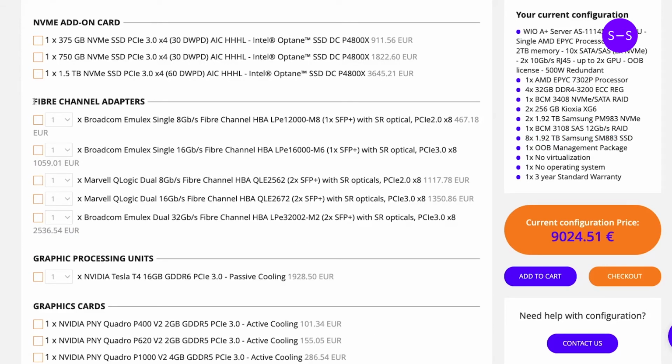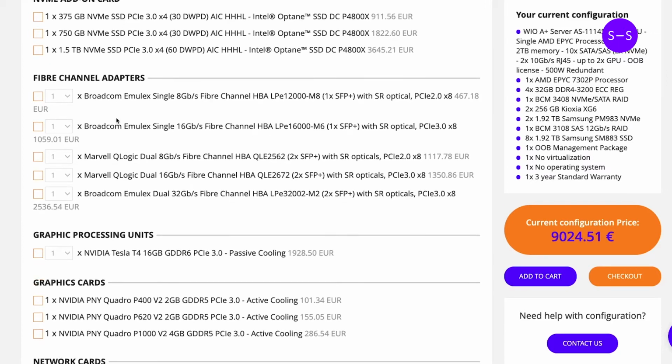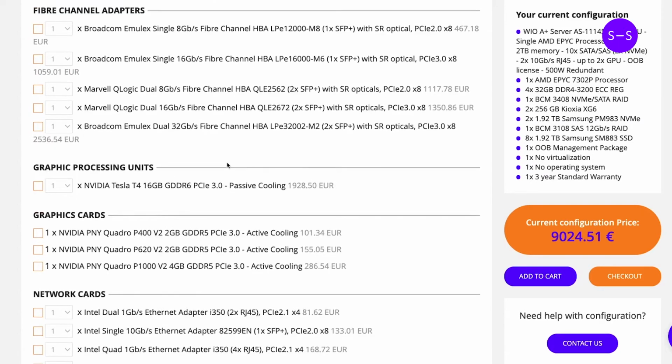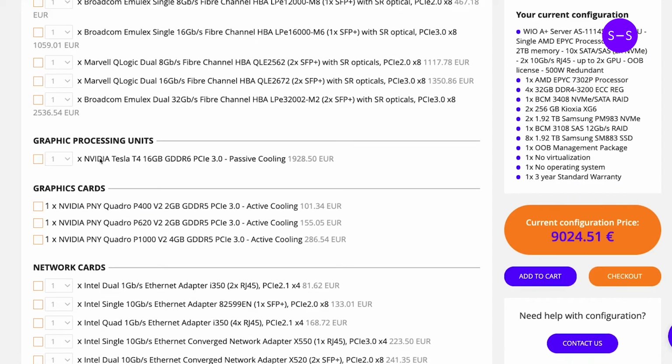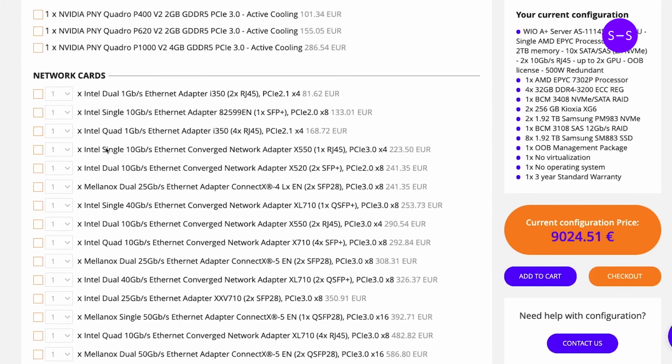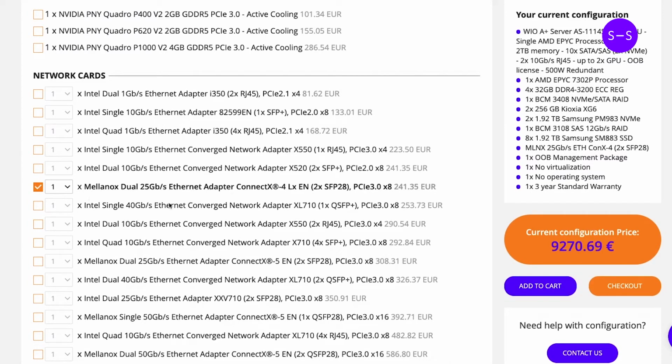Networking option. There are selectable fiber channel adapters here. We can add even a small graphic processing unit there. For some applications it's needed, but generally it's not needed. And network cards, quite popular these days, are 25 gig Mellanox adapters. We truly recommend that.